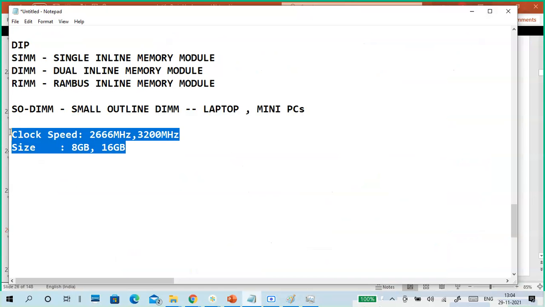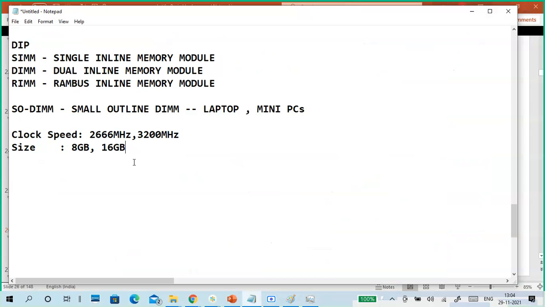Okay, so compulsorily check the clock speed, size, and what compatible model you are using. Are you using DDR4 or DDR3? If you have an old laptop or old desktop, it is a DDR3 model.